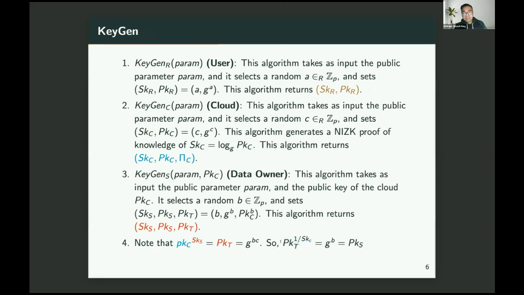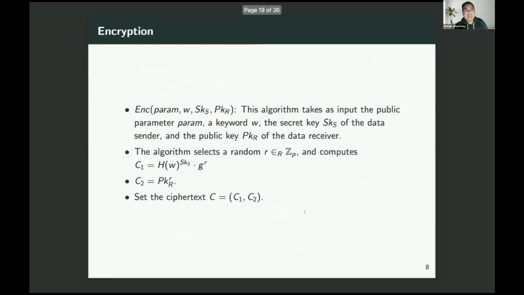So dealing with your trapdoor key raised to the power 1 upon the cloud secret key is going to give you PKS, which is the data owner's public key, because this PKS is the data owner's key. This simple yet very subtle transformation is what is utilized over here.